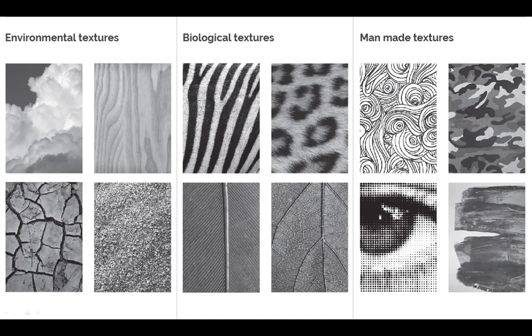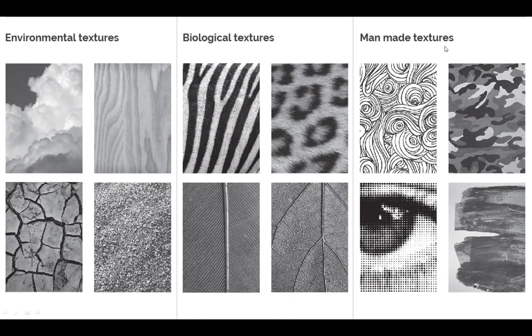And then when it comes to man-made textures, of course, we have things like paintings, illustrations, papers, photographic effects. Then you should be able to come up with what we call a man-made texture.